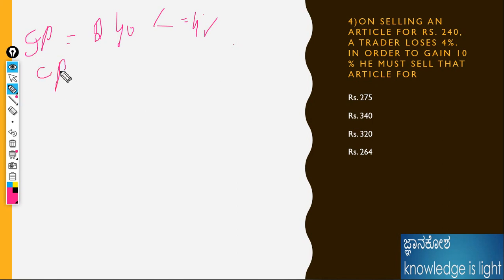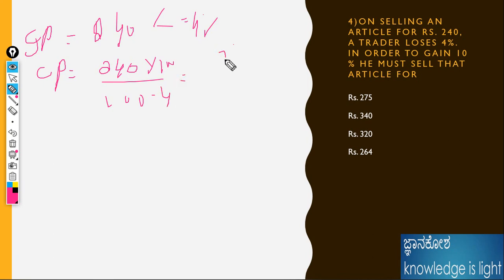We already know the formula: CP is equal to SP into 100 divided by 100 minus 4.